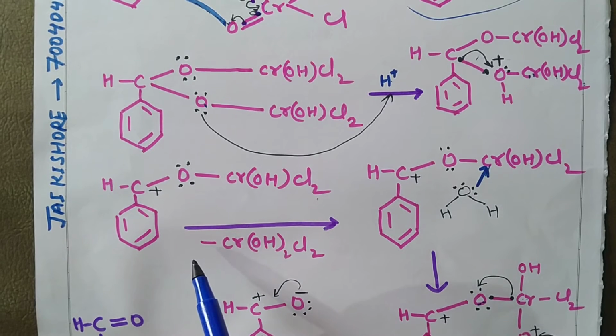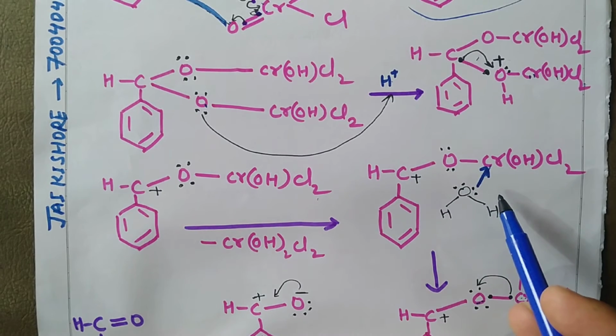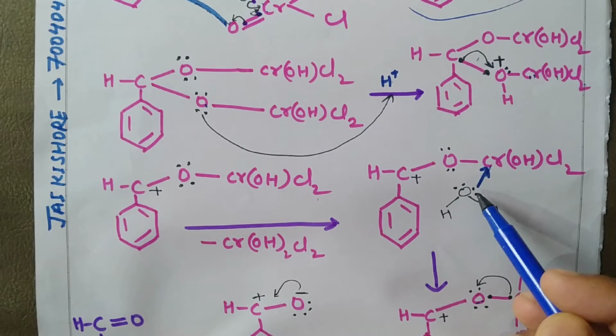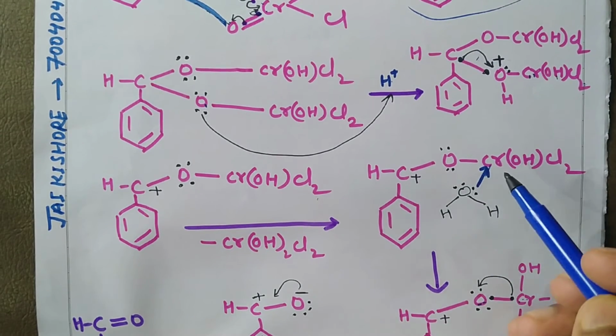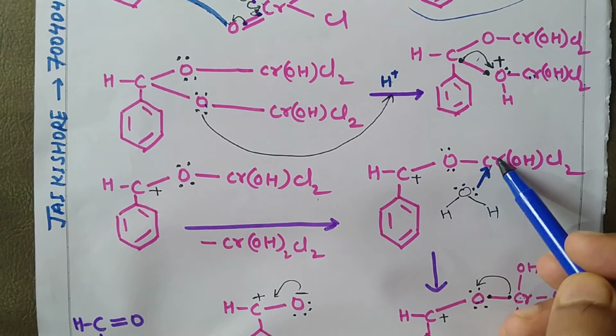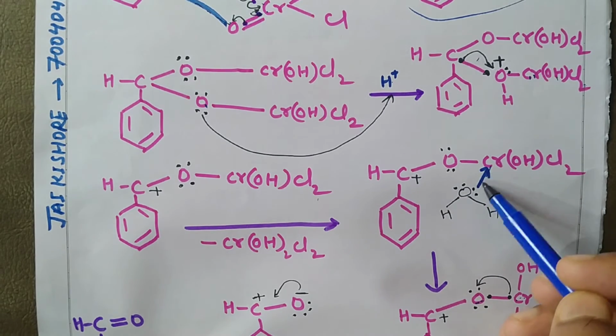Now after that, acidic hydrolysis, that means water will come into the picture. So water, this one, one of the lone pair electrons will attach with this chromium.